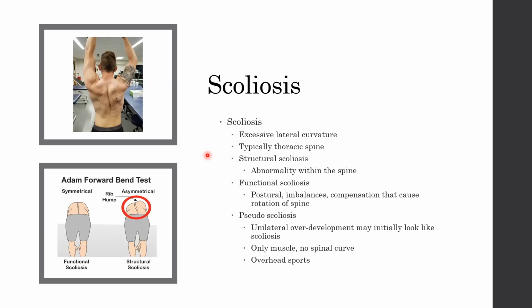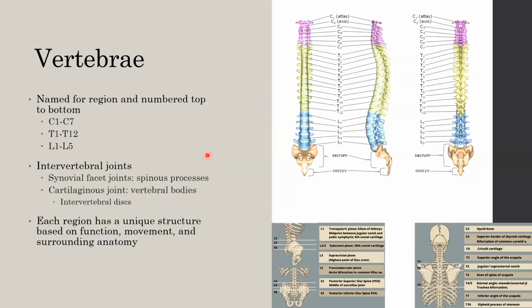And pseudoscoliosis would be the unilateral overdevelopment that may initially look like scoliosis, but it's only implicating those muscle imbalances. And we see this a lot, especially in overhead sports and poor synergistic relationships between the scapulothoracic muscles and the anterior thoracic and shoulder muscles.